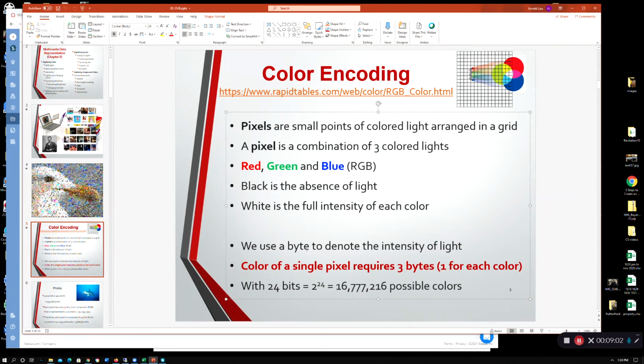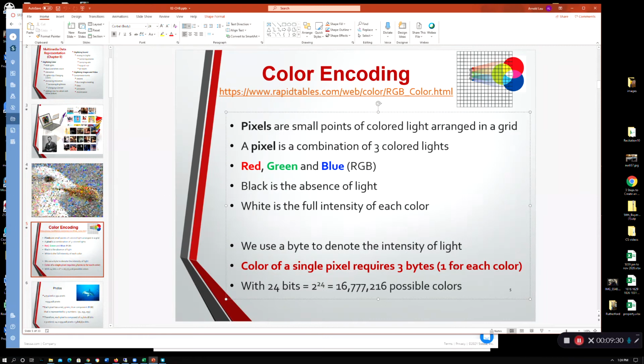And then you can use a byte. Remember what we were saying, a byte is a combination of the individual bits, right? So if there's a single pixel consisting of 3 bytes, remember a byte is 8 bits, right? That means you're talking about 24 bits for a color.